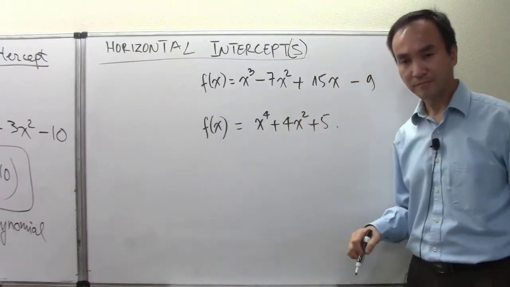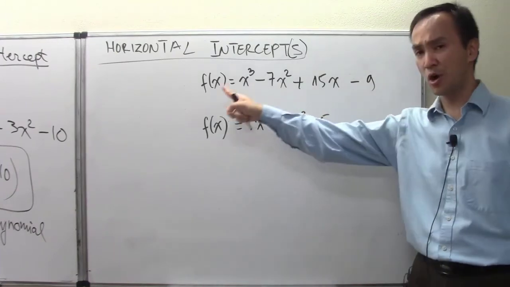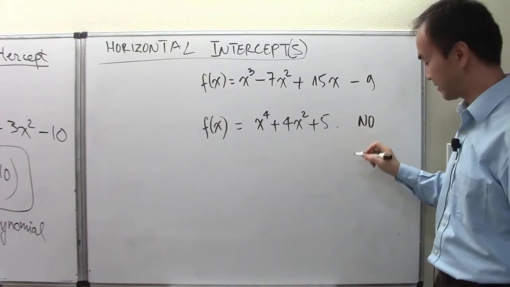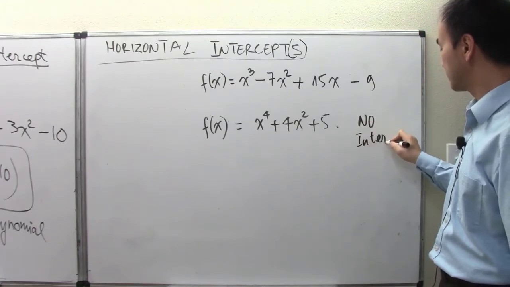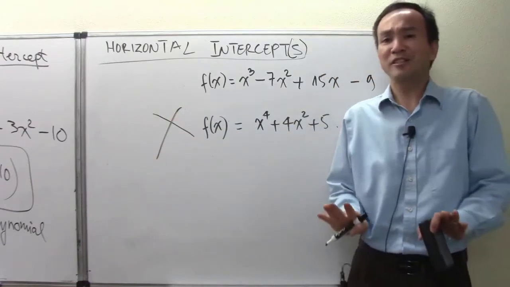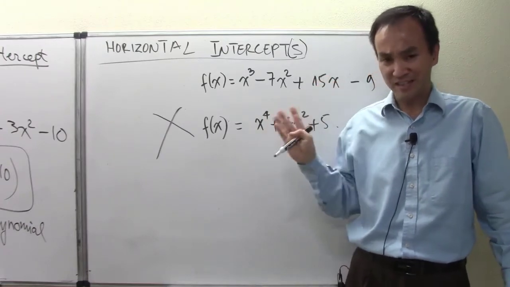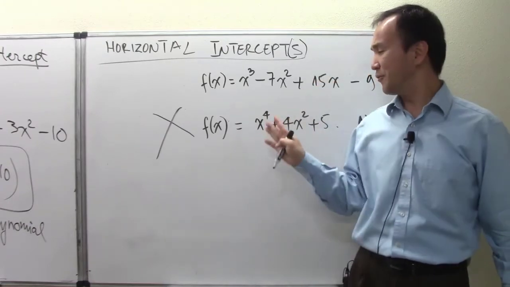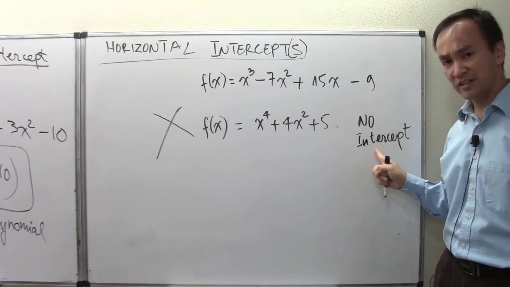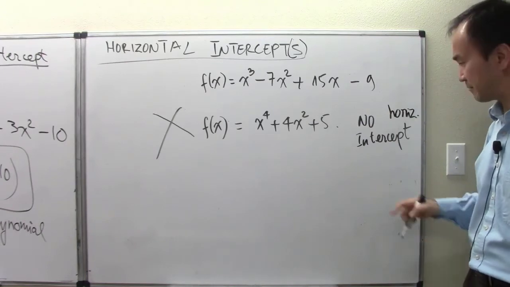We saw that this one had no intercept, because the graph displayed that. So let's cross this out of our attention. I'm not saying we're never going to work with this function again, since we just learned that general technique. But for now, since we already knew this polynomial has no horizontal intercept to be precise, let's not pay attention to it.